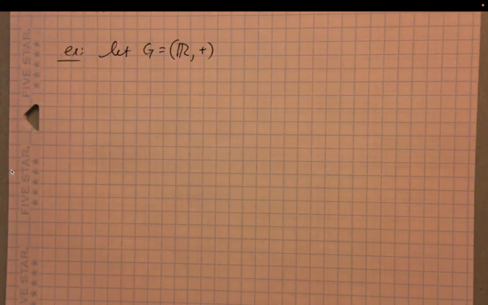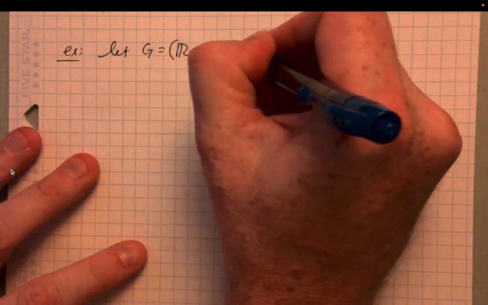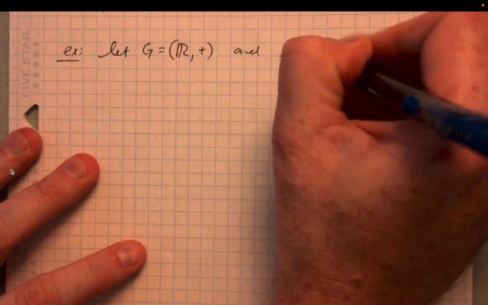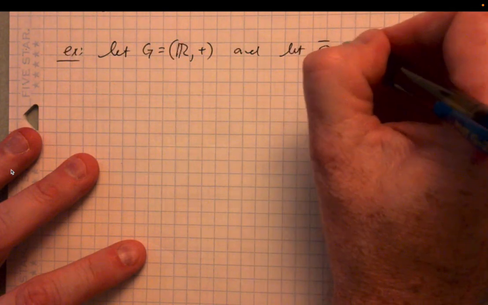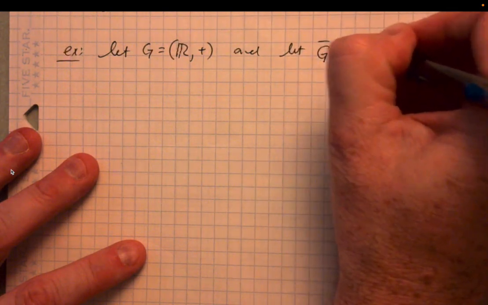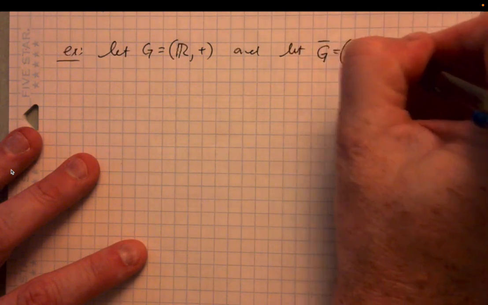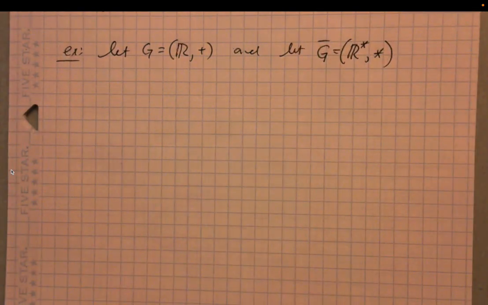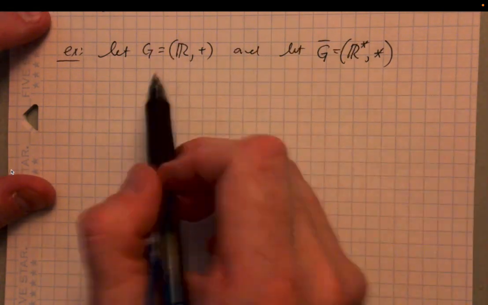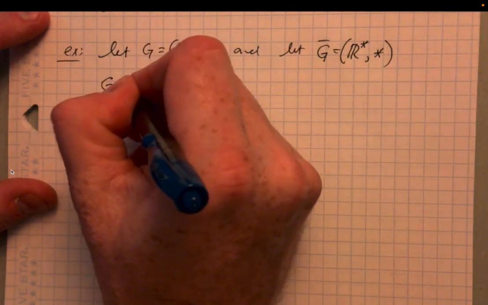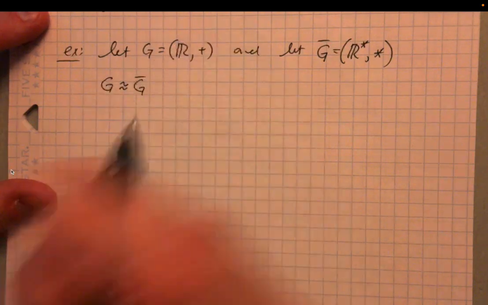And let G bar be the real numbers absent 0 under multiplication. Then if these are your two groups, G is isomorphic to G bar.